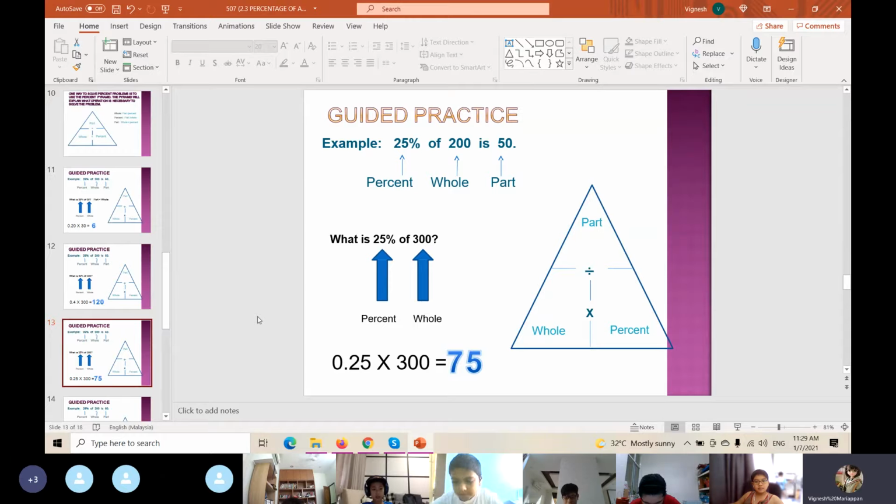Wrong. 0.25 times 300. I know. Please explain the pyramid for me. What is 25%? Which one? What is 300? 0.25 is whole.